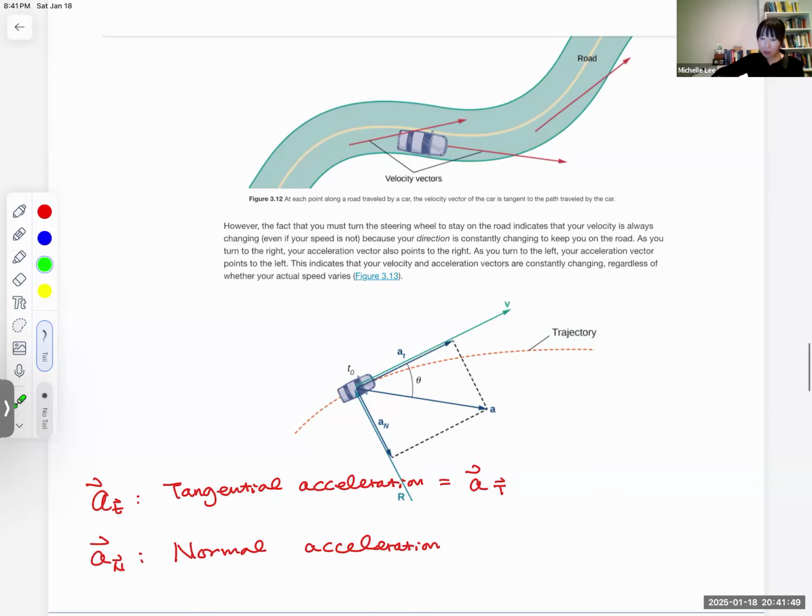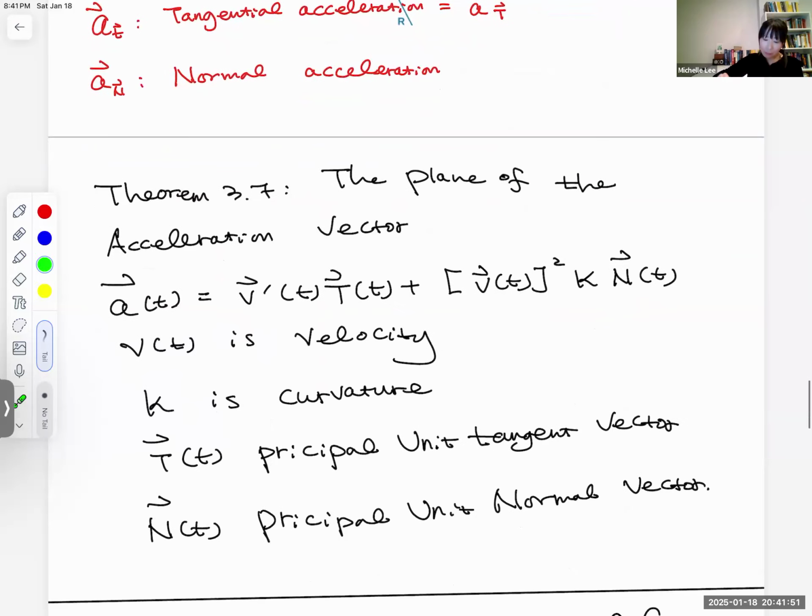Okay, so we have a bunch of theorems here. Theorem 3.7, the plane of the acceleration vector. Just remember we have the principal unit tangent vector and the principal unit normal vector.